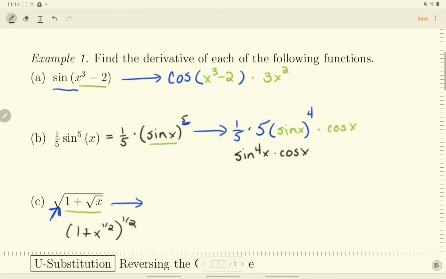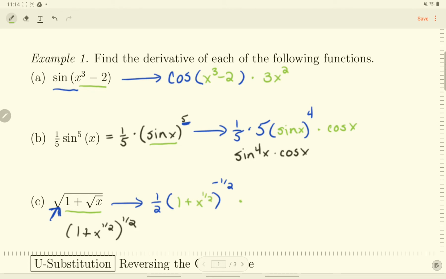That means I need to use the power rule. So outside function gives me 1/2 times the inside, which is going to stay the same, to the negative 1/2 power. That inside is 1 plus x to the 1/2.